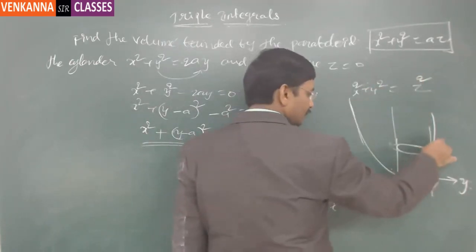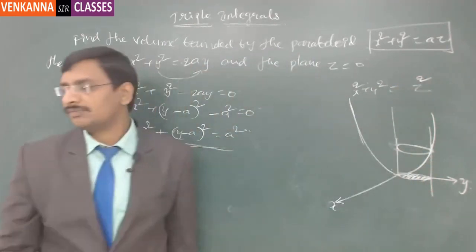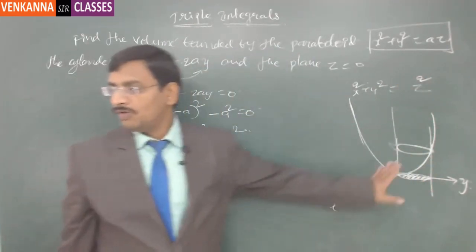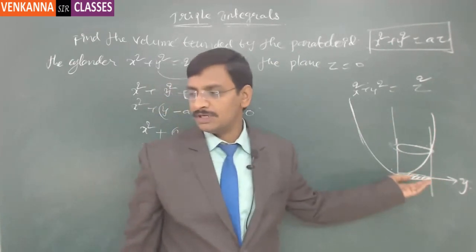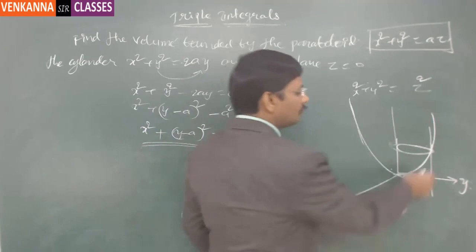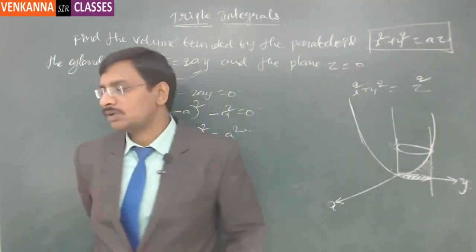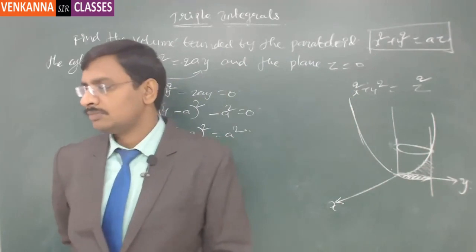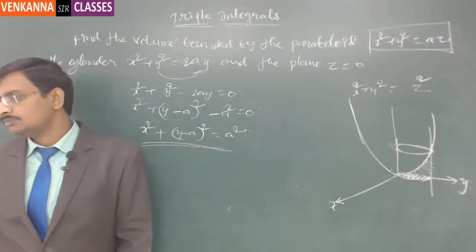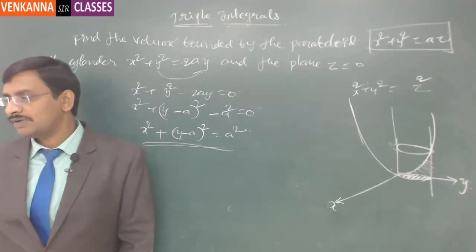But there is a cut in a parabolic shape like this. So a parabolic cut is there. Now within these bounding limits of z equal to 0, this parabolic shape and this cylindrical shape, there is a volume that is getting enclosed. And this volume is what he asked us to find. Understood? Any questions on this identification of volume?